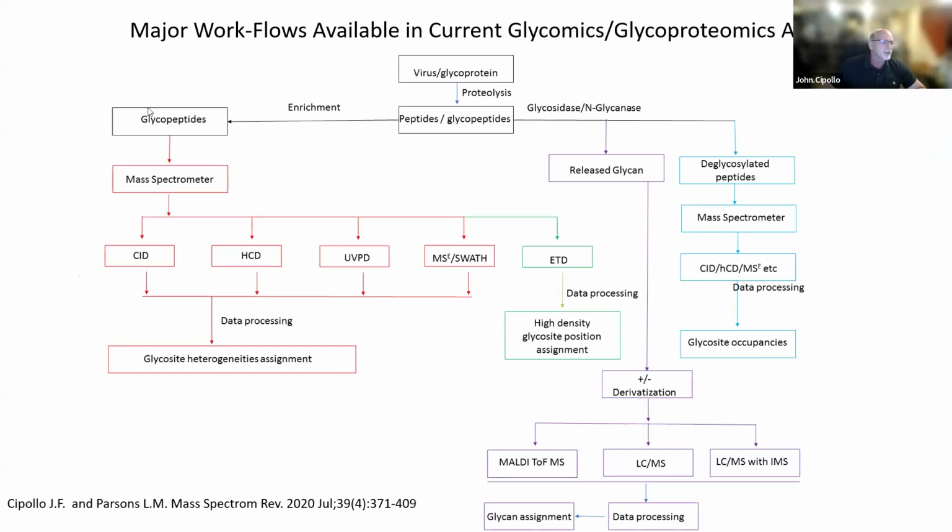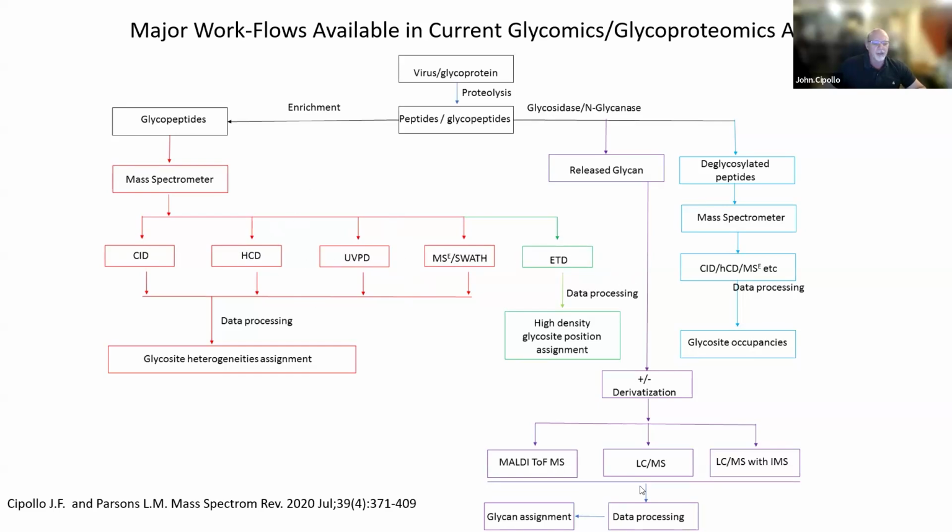It is a few years old, so it may be slightly outdated, but you can see there are a lot of different types of mass spectrometry experiments that generate a range of data, all of which may overlap but have slightly different fragmentation patterns generated from glycopeptides and glycans, that help us better understand the structures we're analyzing. I won't get deeply into this, but my lab is equipped for most of these things.